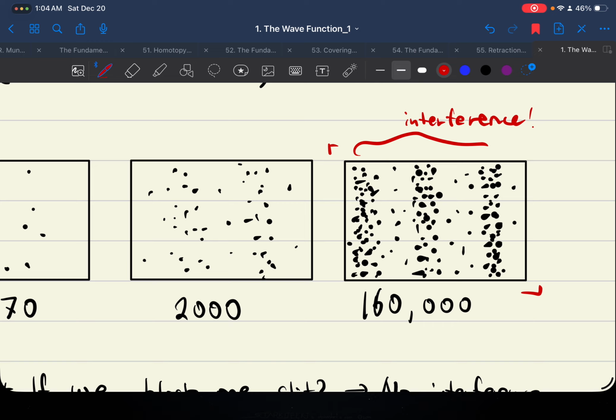Even if we think of the electron as a particle, the pattern occurs. But a pattern is the nature of a wave. So we have to think of the electron as a wave in this situation, even if we shoot the electrons one by one.